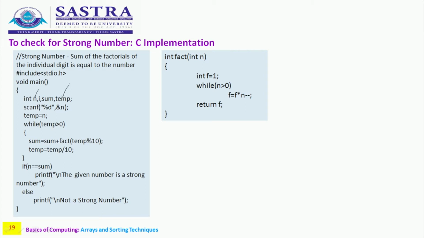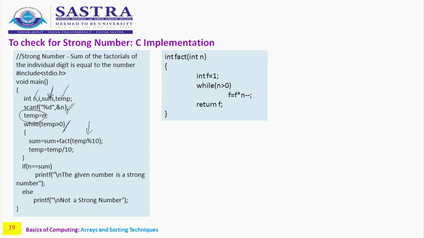All the individual digits' factorials must be added and compared with the original number. For that addition we have sum here, and once the value is read, you copy the original number to temp, and until temp is greater than 0, extract the digits individually.